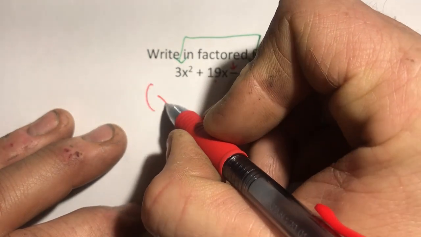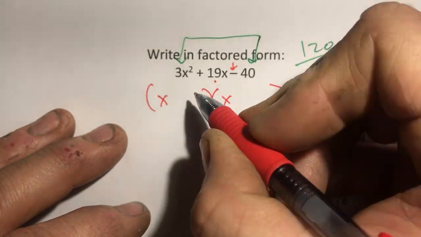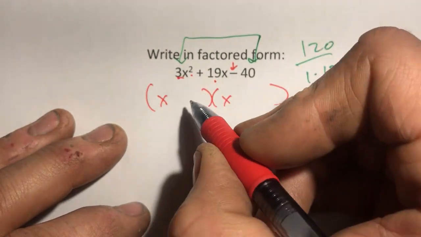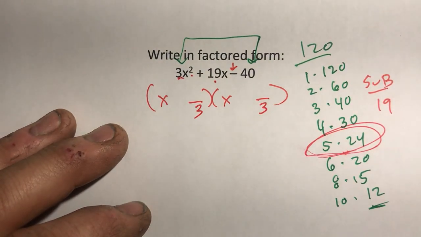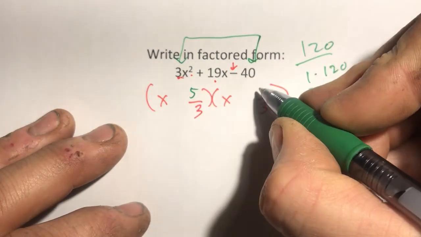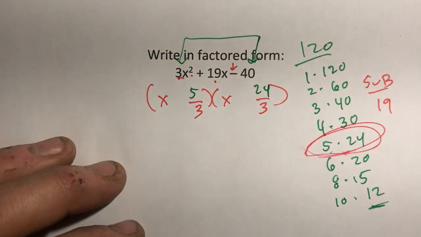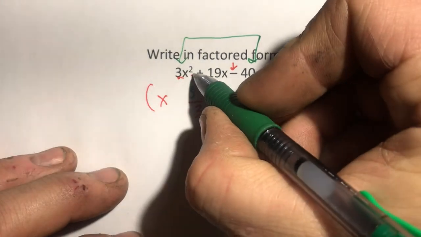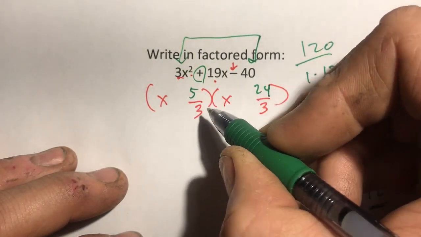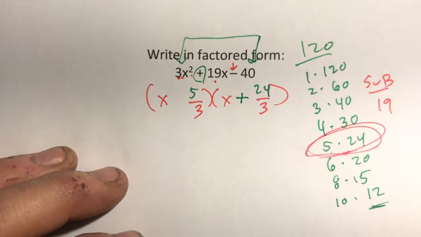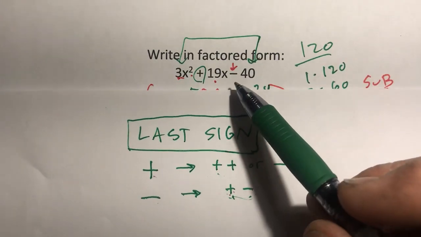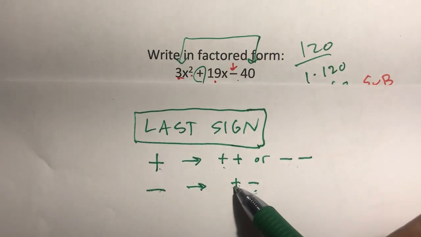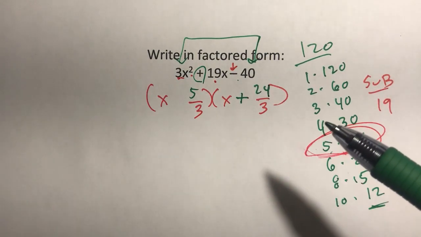So I'm going to have x times x to get x squared, but I have got that 3 in front, so both of these divide by 3. My numbers are 5 and 24. Okay, now this sign right here goes to the big one. 24 over 3 is bigger than 5 over 3, so that goes here. And my last sign's a minus, which means I have to have a positive and a negative.